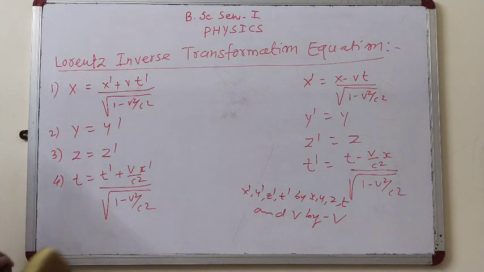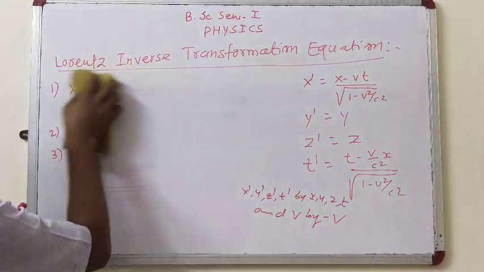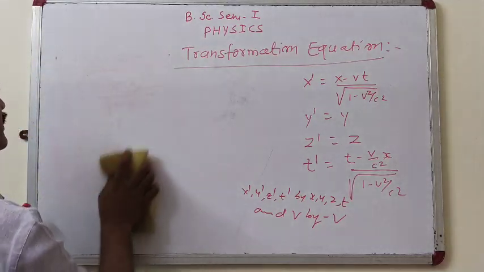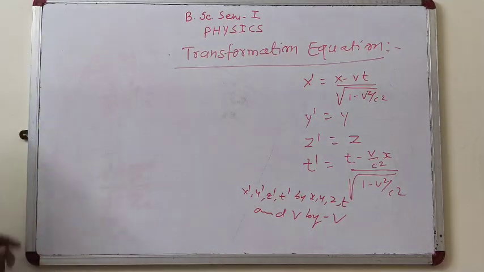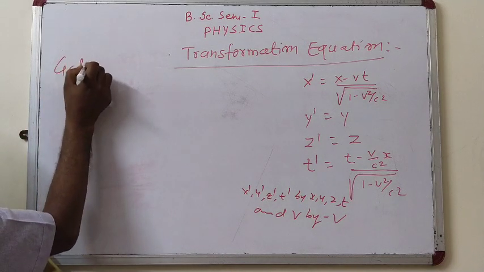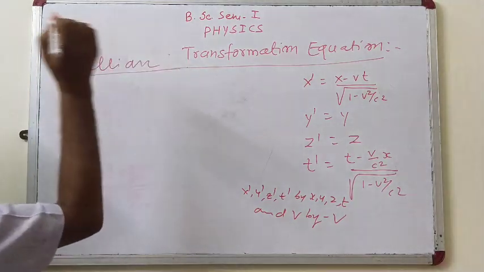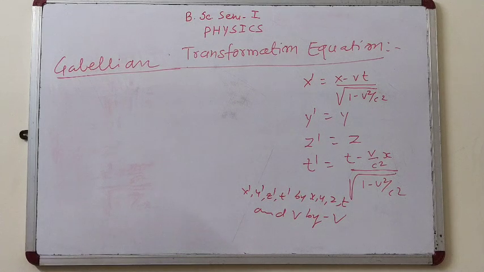Then the Galilean transformation equation is obtained, because the Galilean transformation equation is a special case of the Lorentz transformation equation. Here v is the velocity of frame S' with respect to frame S and c is the speed of light.